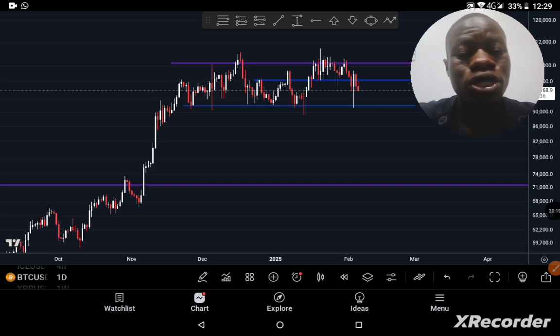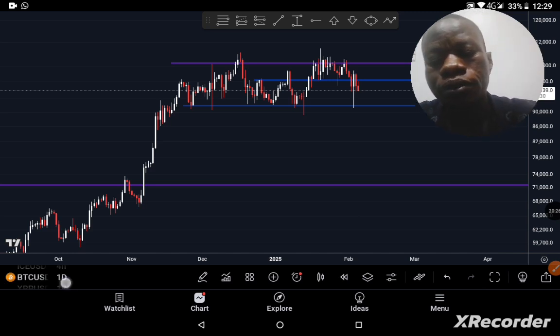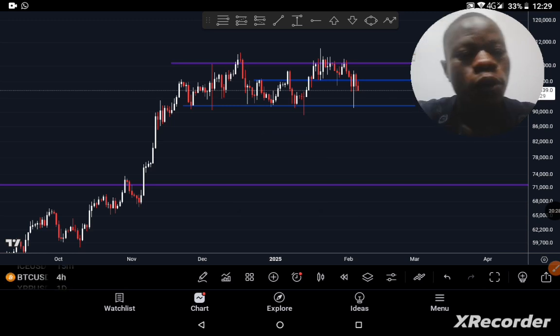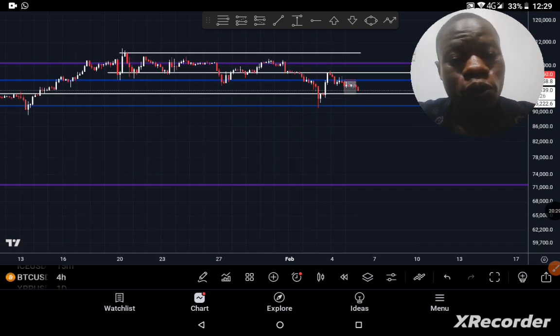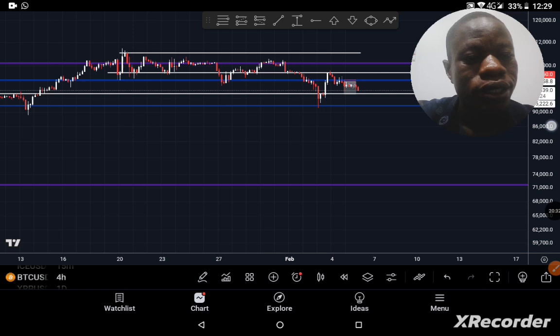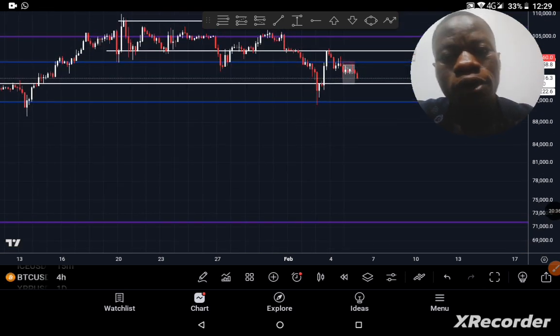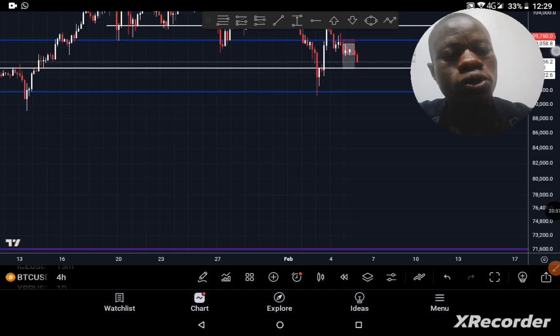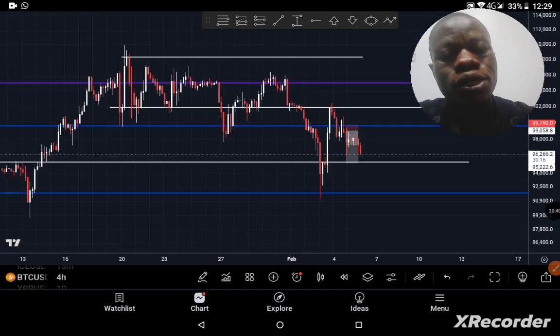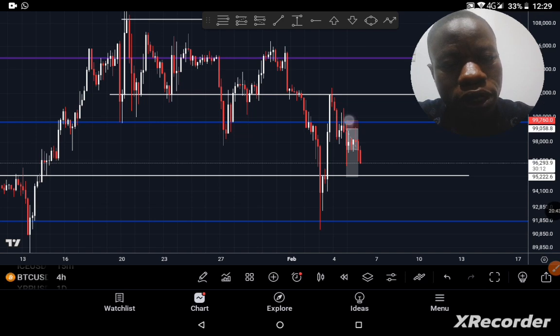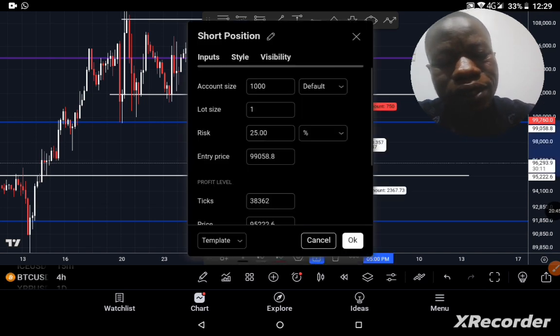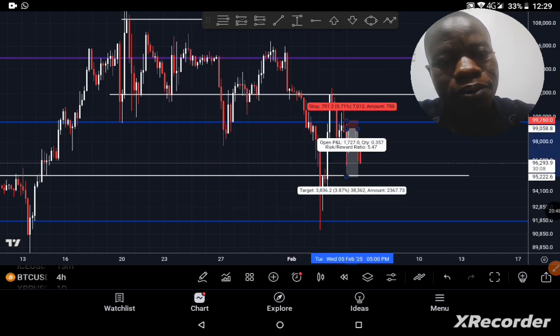So let me give us one or two advantages of technical analysis. It allows us to know when to enter the market, when to exit, and the right decision to make. For example, from technical, I've been able to plot some areas where I would enter the market. Look at this spot. I've plotted it and price is still respecting it.